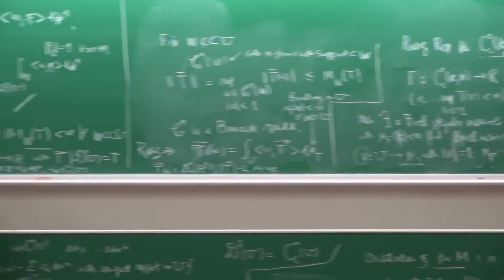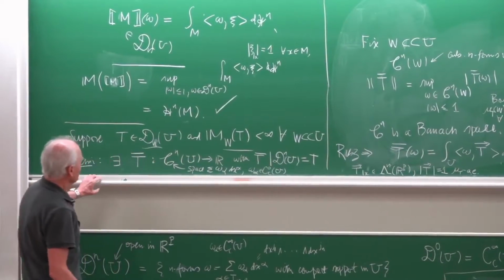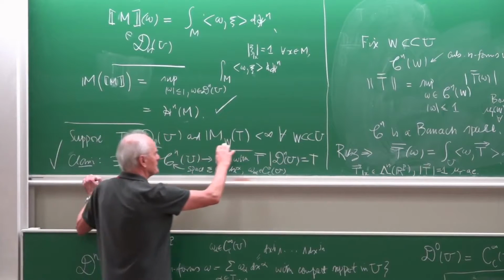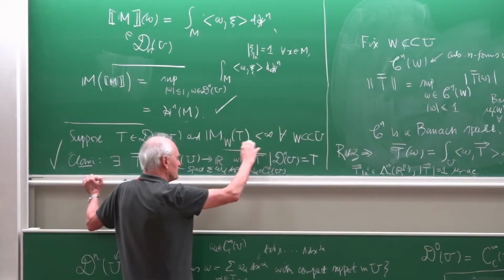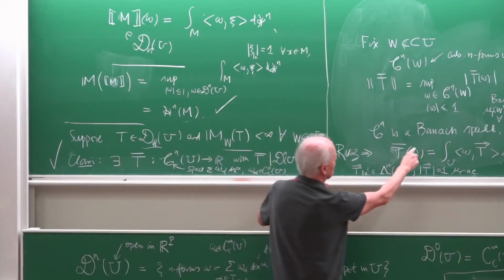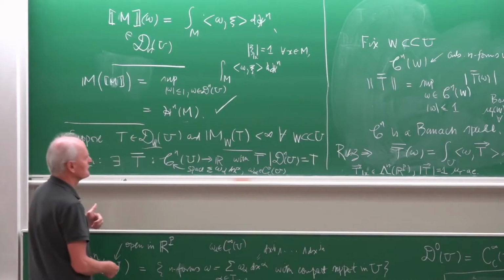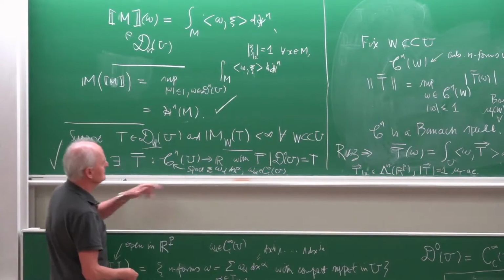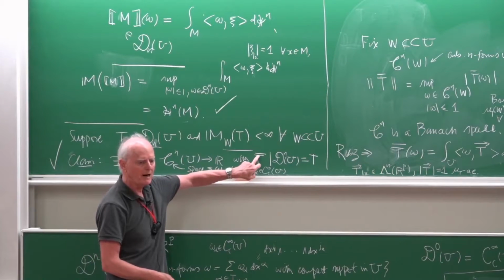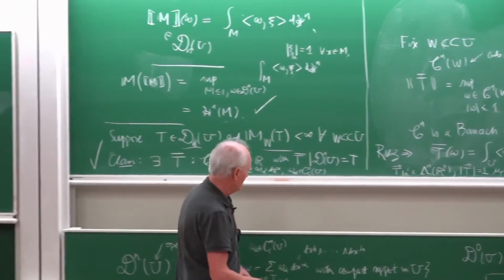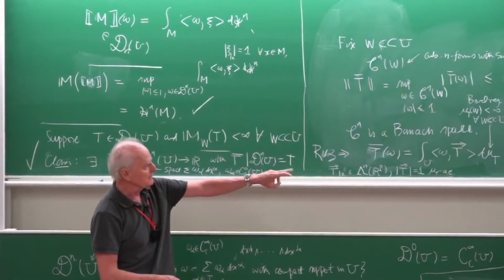The upshot is that if you make this assumption that the mass is finite, notice this is the same as T now if omega happens to be smooth, so it really does give us a representation for T. We only use this artifice of taking T bar so that we could apply the Riesz theorem.